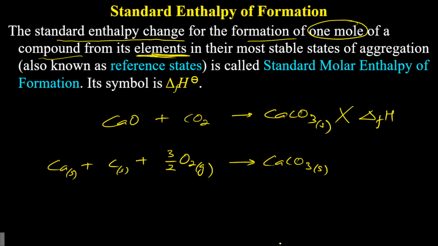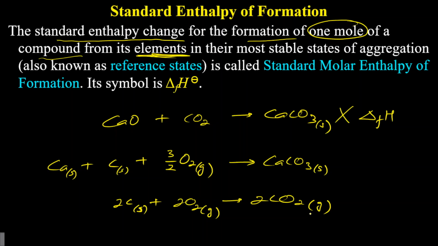Now another important point: sometimes the reaction is written, for example, 2C plus 2O2 gives you 2CO2. Here carbon is in elemental form and in solid form, and oxygen is in gaseous form, so all are in reference state. Do you say that it is the enthalpy of formation?